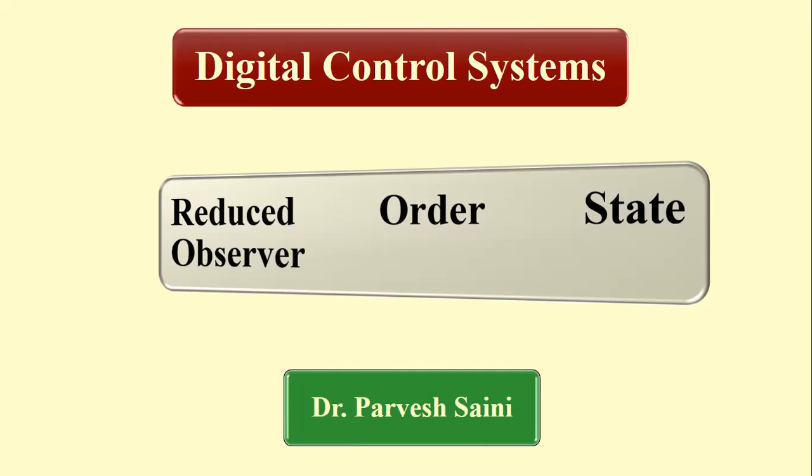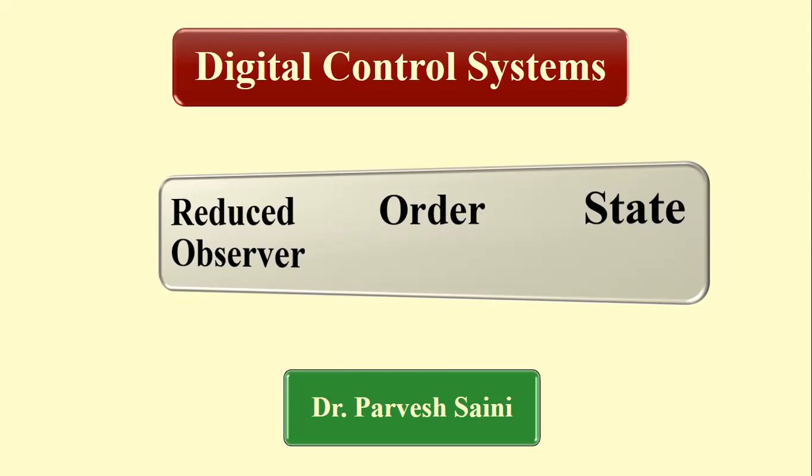estimate the states of a given system, because there is a requirement for the state regulator design and state feedback design that if we want to place all the closed loop poles of the given system at the desired location, all the states of the given system should be observable.